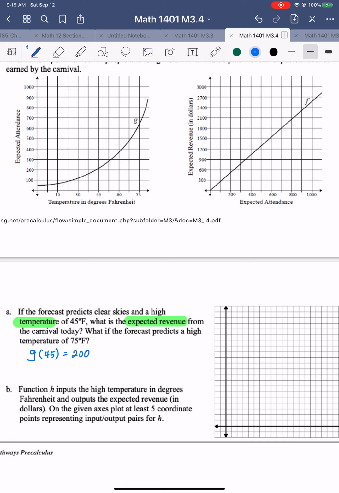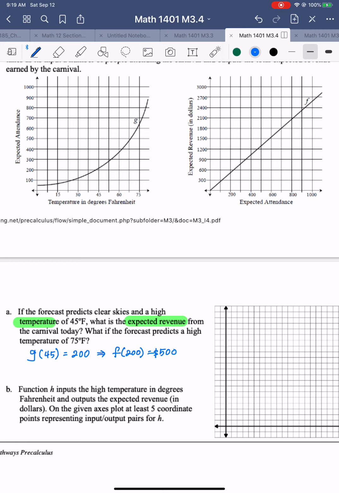Then use that 200 as an input for the f function, and we can see how much it makes. It's a little bit lower than 600, so I want to say about 500. So the f function using 200 people gives us $500.